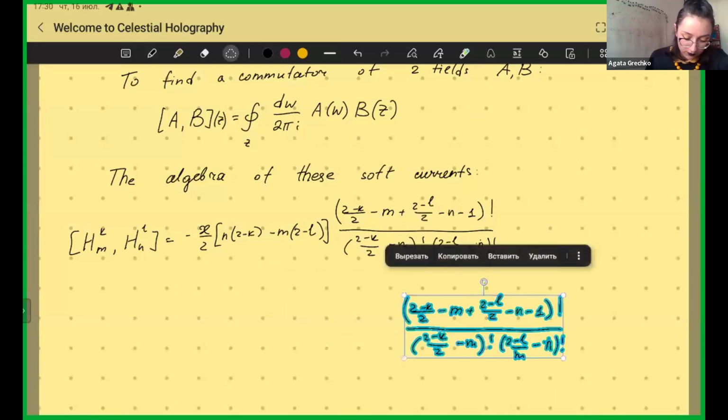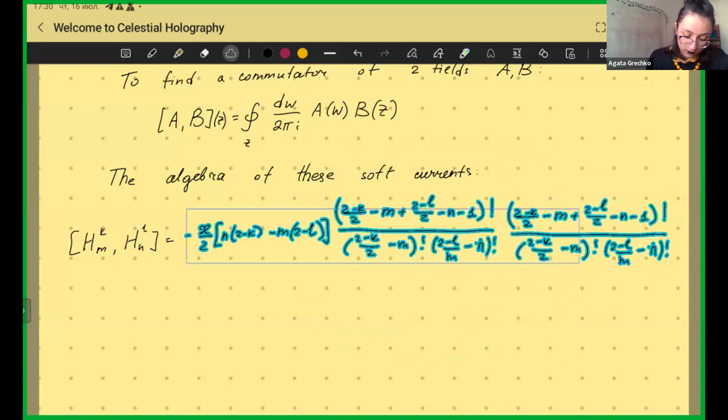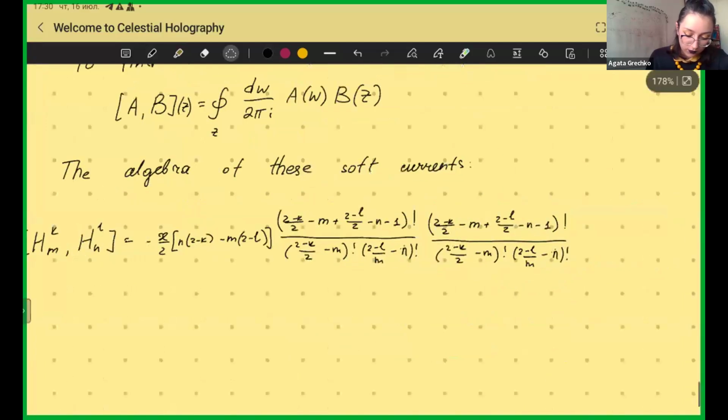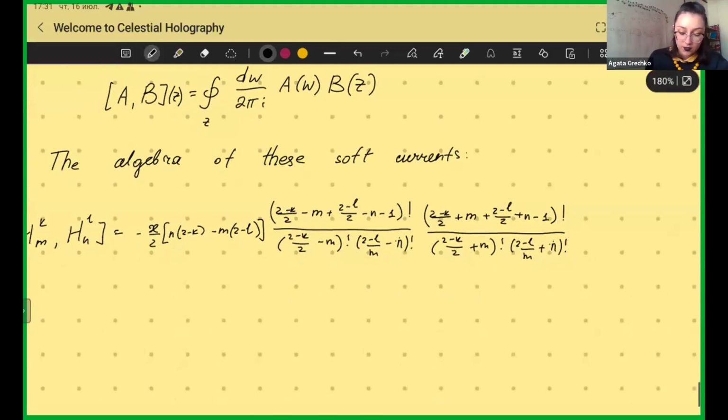I will just copy paste it and then fix the signs. So here should be pluses everywhere. Here also pluses everywhere, except for the last term. So this is our commutation relation for two soft gravitons, or two soft currents.